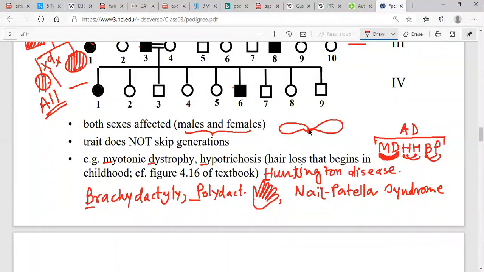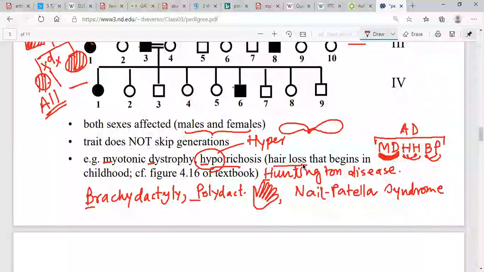Huntington chorea disease, nail patella syndrome, brachydactyly, shortening of the fingers, myotonic dystrophy, hypertrichosis, overexpression of the hairs, like that. Hypertrichosis is Y-linked. But hypotrichosis, hair loss, that is your autosomal dominant trait.